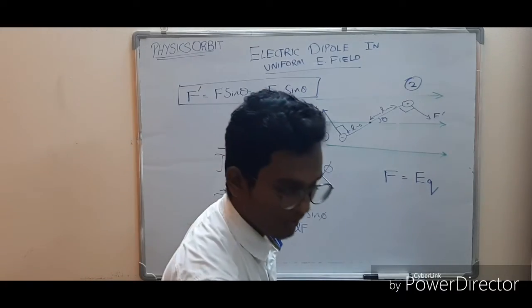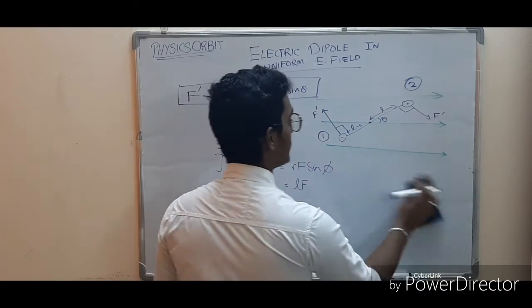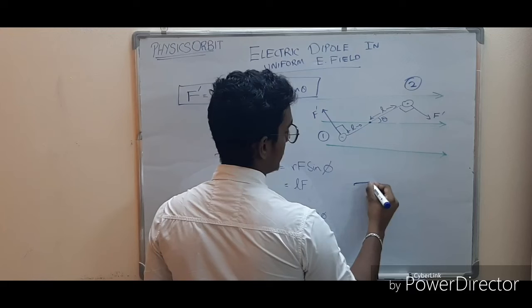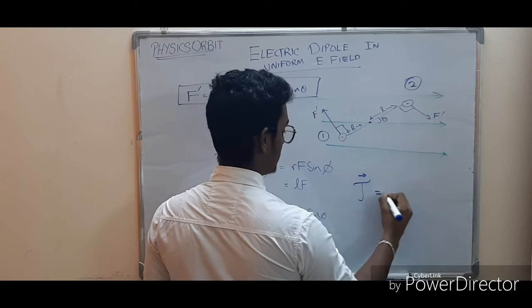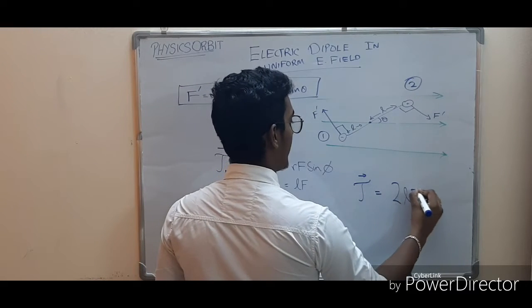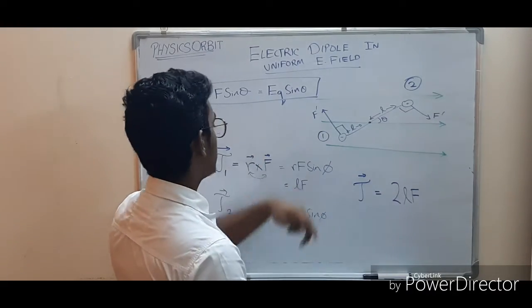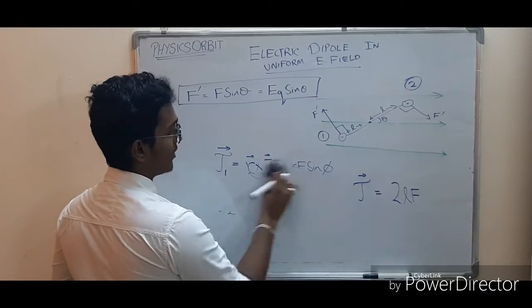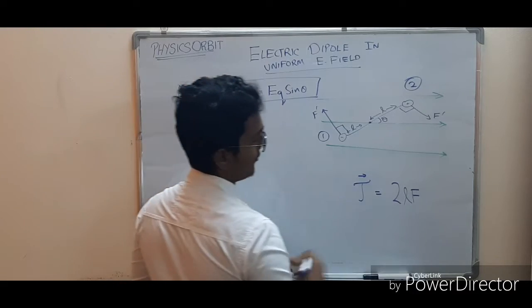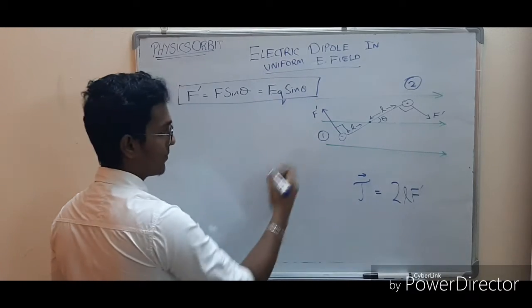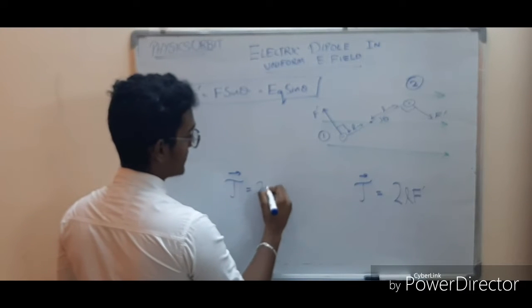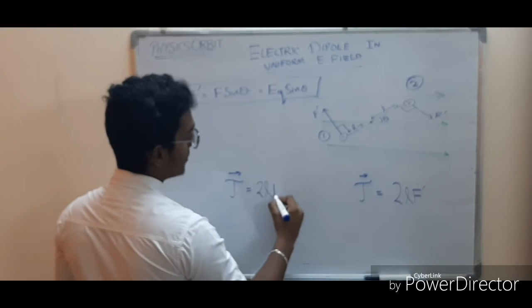The total torque of the system is 2LF. Now you just have to substitute the formula for F dash, the force which is perpendicular, which we have found. So the torque of the system is 2 times L EQ sine theta.